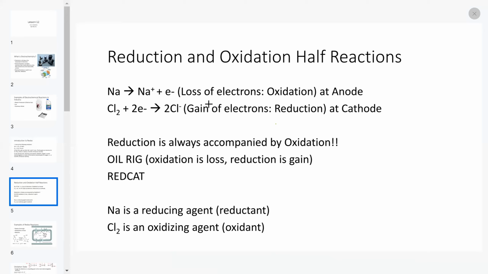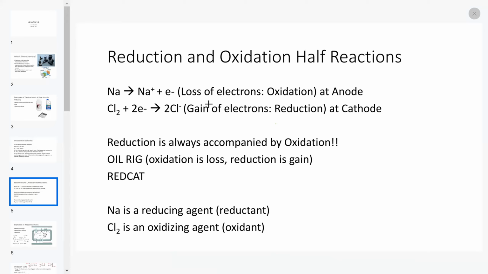So if we have one reaction where we're losing electrons, some other reaction has to gain the electrons, because we can't just have free electrons. So reduction and oxidation always happen together. If something is getting reduced, something else has to get oxidized.